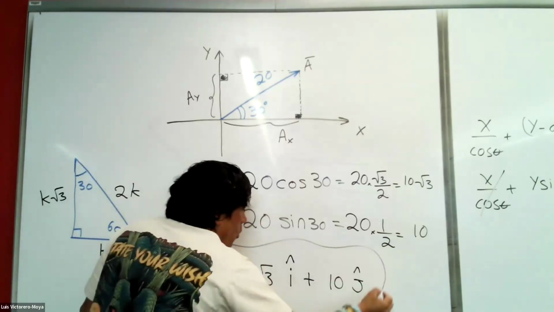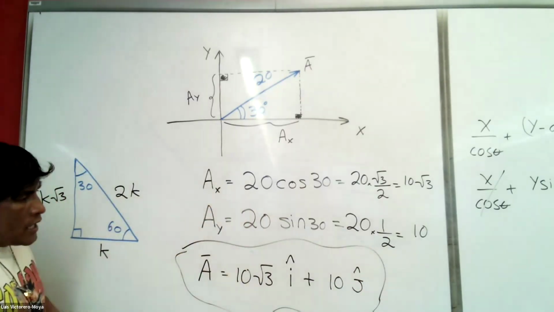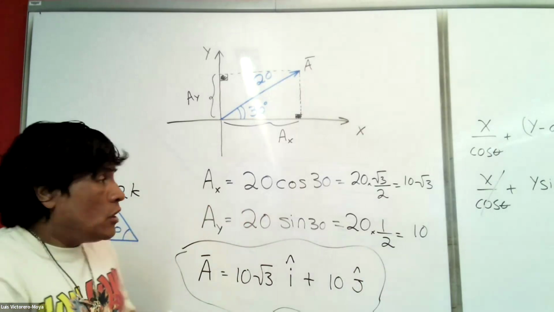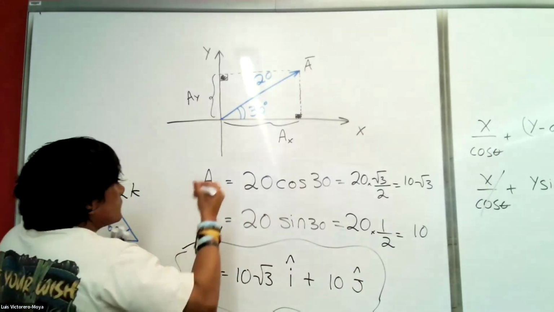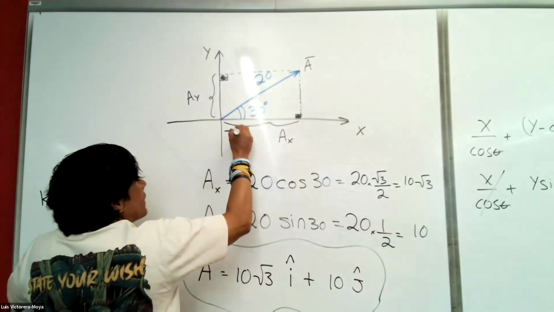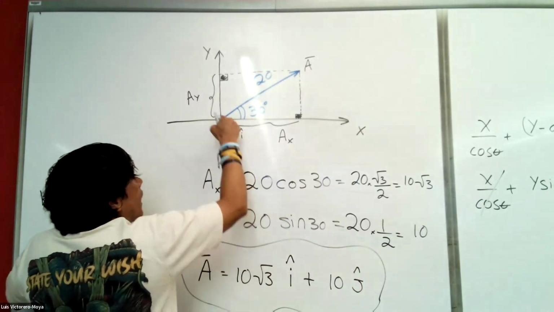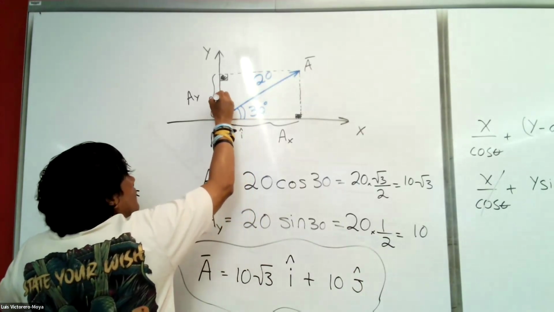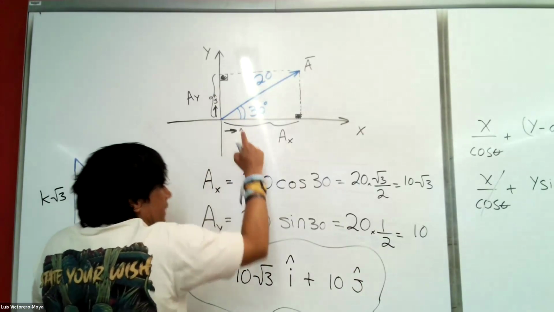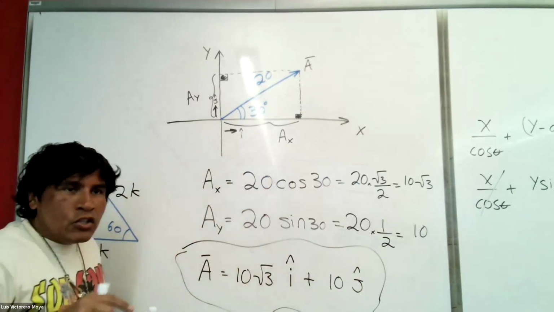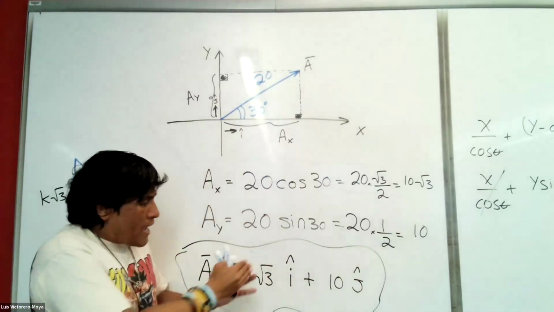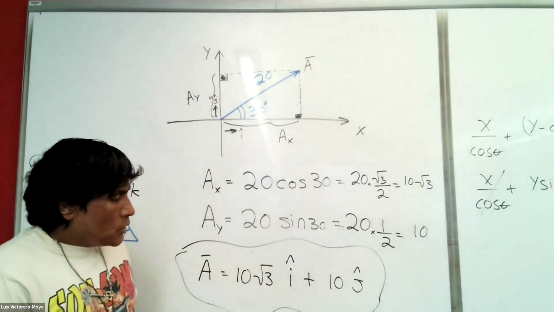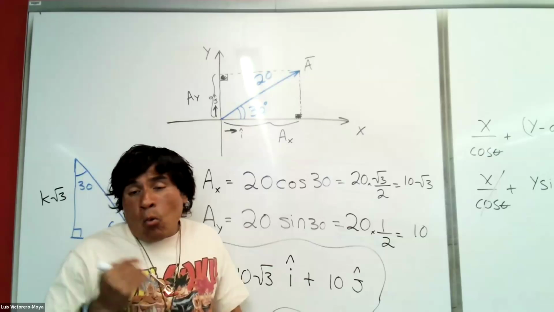So, okay, what are these i and j? i and j are the unit vectors. You see, for the X, we have the i direction like that, and for Y, we have the j. I draw that little arrow to show you that unity. That means that the magnitude of i is 1. Those are just directions of the X and Y plane.